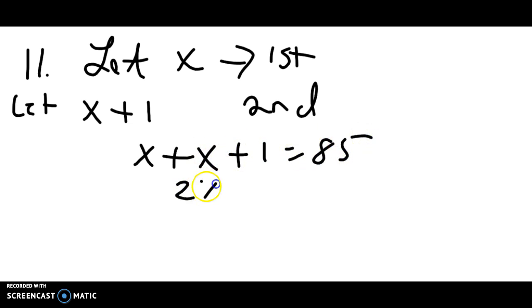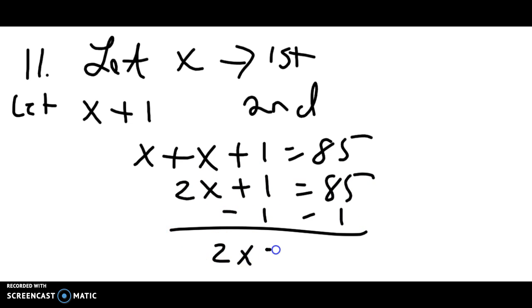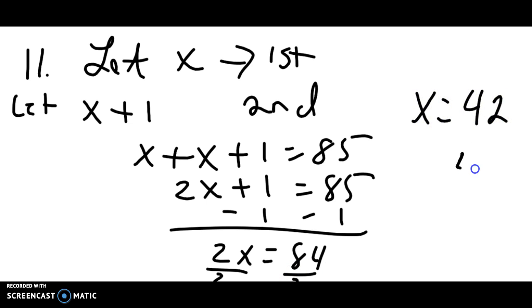Combine like terms. Solve for x. Divide by 2. And x equals 42. When I add 1 to it, I get 43. So the two numbers are 42 and 43. Okay, number 12.